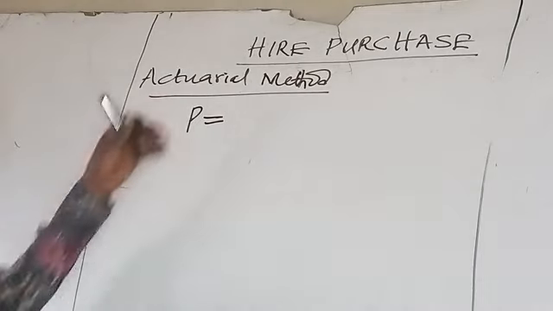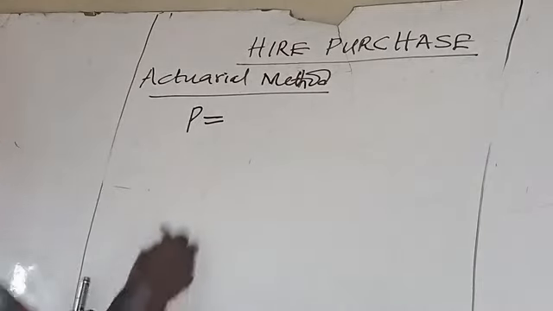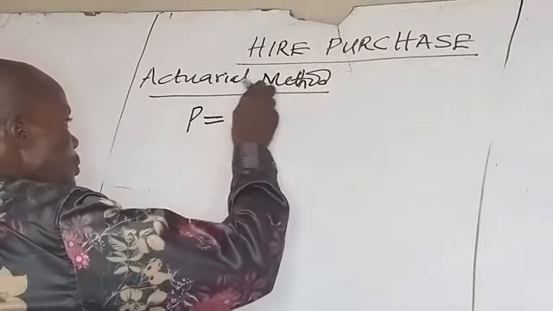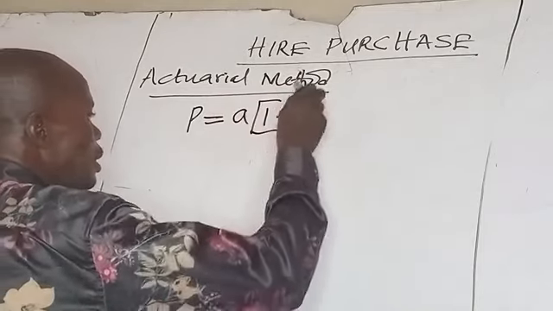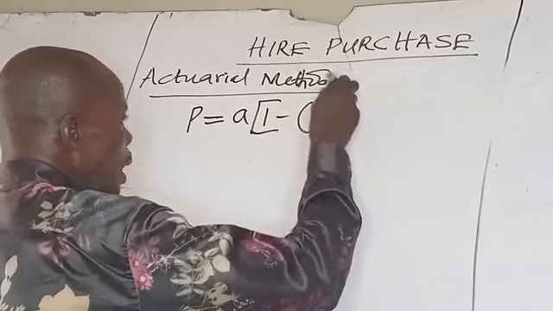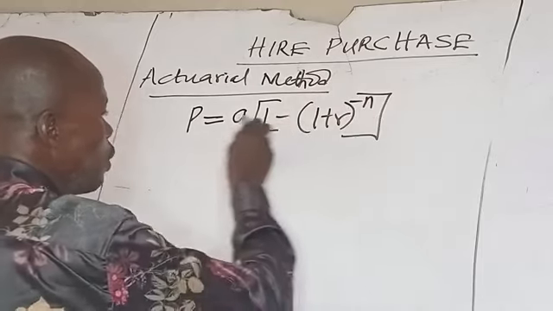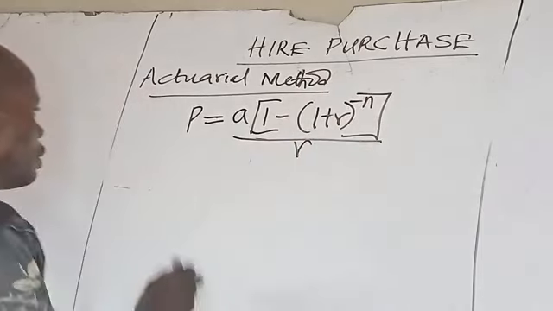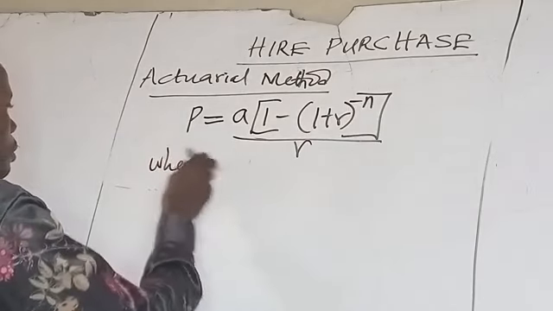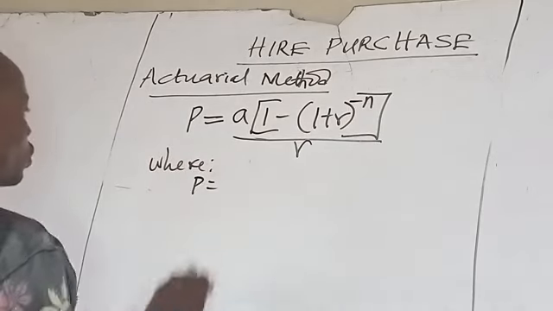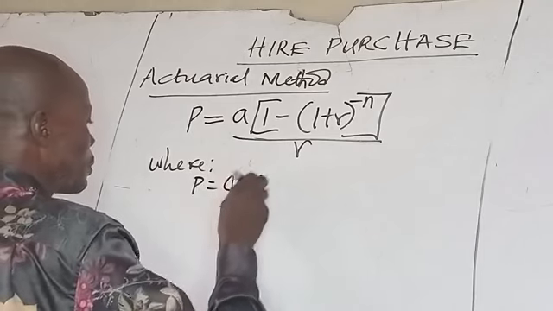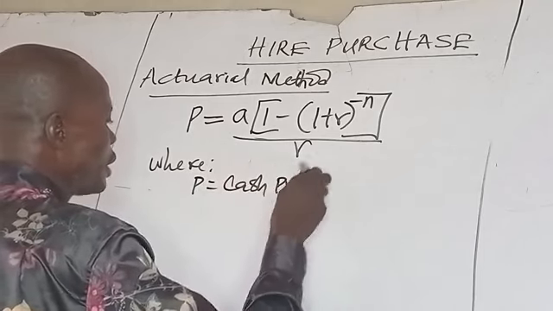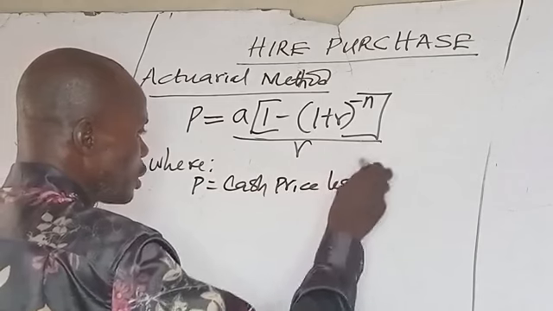this method can be solved with the use of annuity formula. P equals A into 1 minus (1 plus R) raised to power minus N, over R, where P equals cash price less deposit.